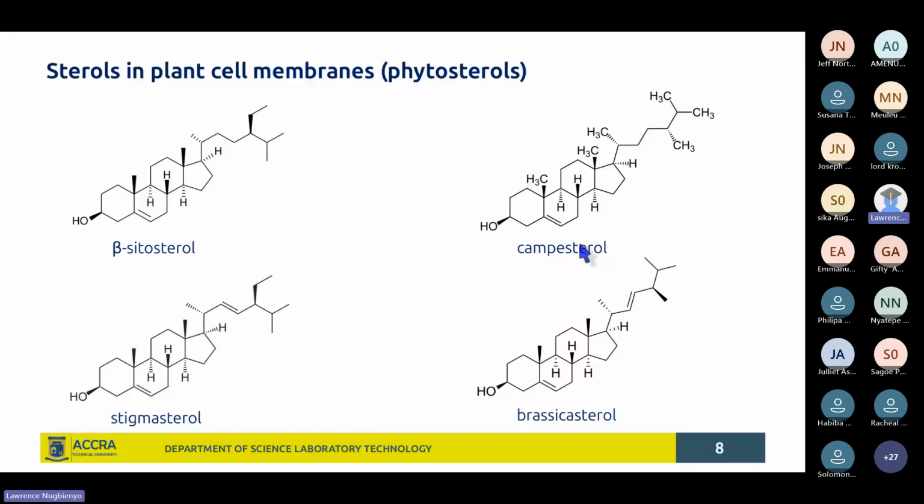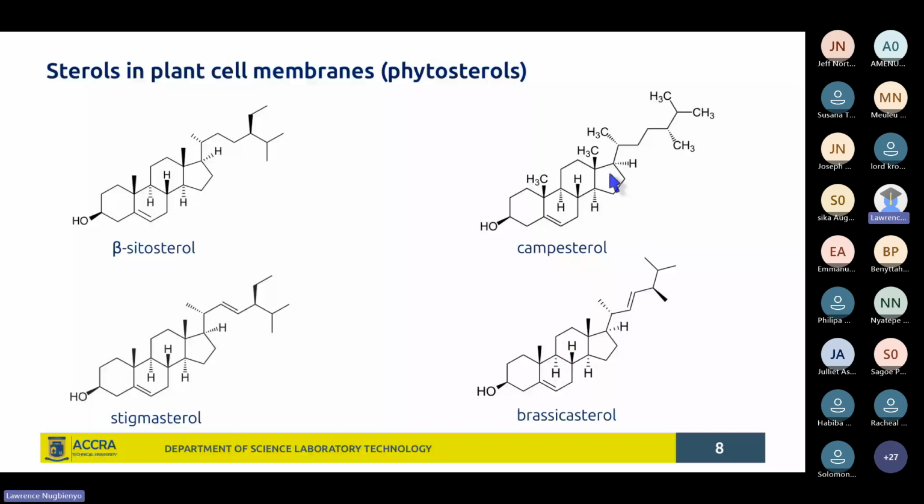It's not the same as any of these. Similar thing with brassicasterol. It's also different from all the others. So you see that even though you have the steroid nucleus being constant in all of them, you have these differences of the side chain, which is on the D ring over there.